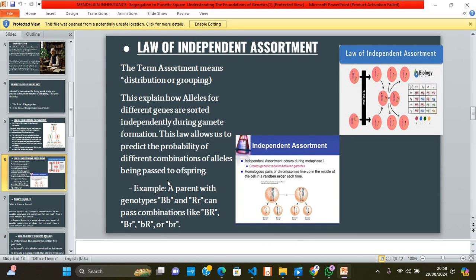So, which areas do we use Punnett squares? Who can tell me the key areas where we use Punnett squares?